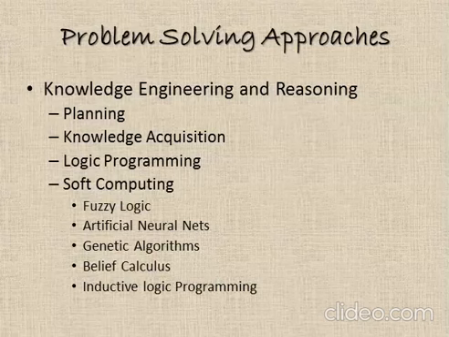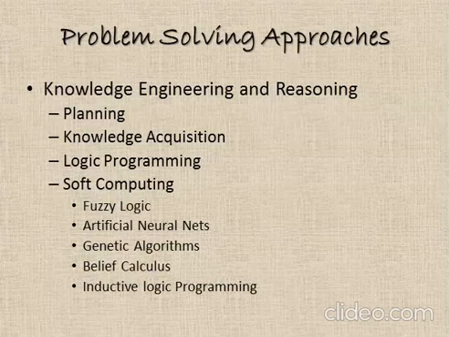Soft computing, by definition, is a computing model evolved to solve non-linear issues. It helps to solve issues where human intelligence is required to solve the problem. Such problems should be dealt with using soft computing techniques.